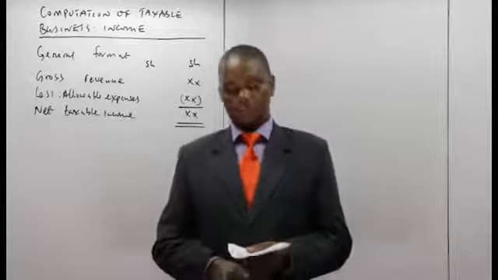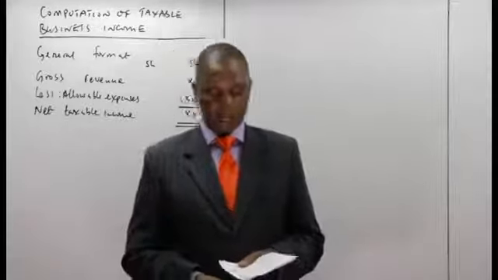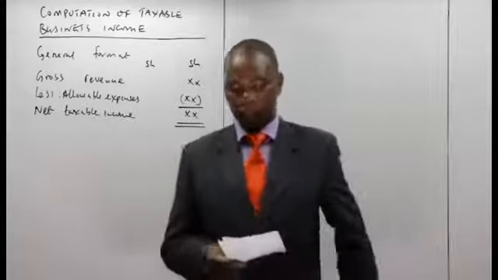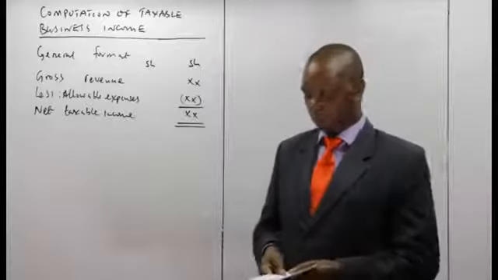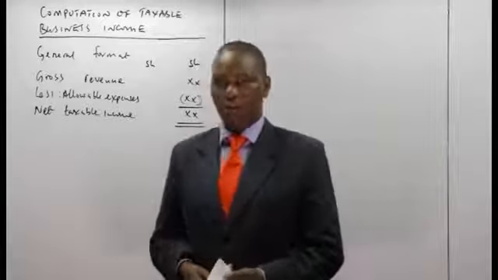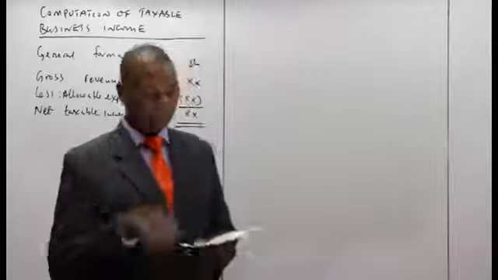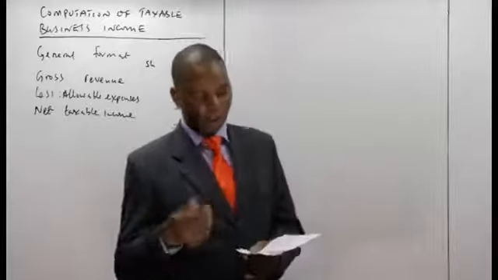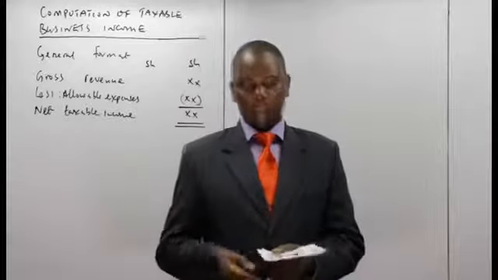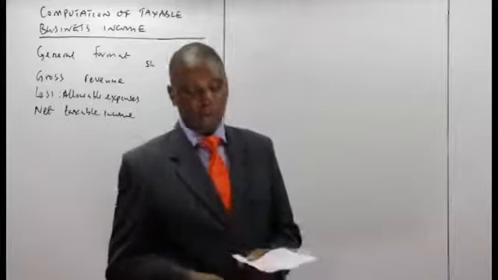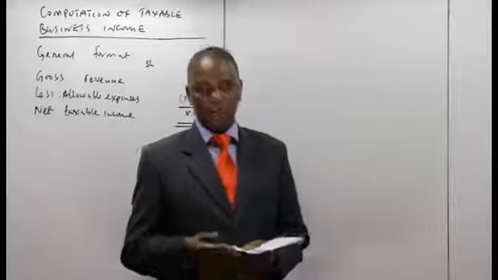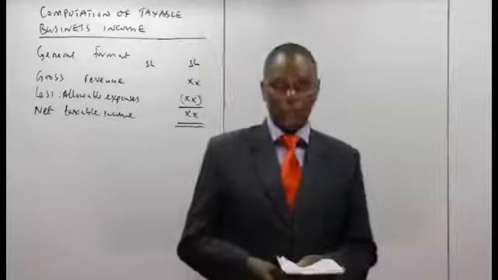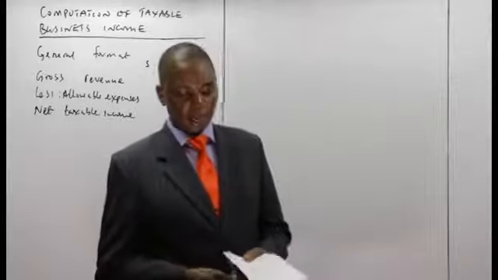Then on our list, number 12 is contributions to scientific research organizations or an educational institution approved by the Commissioner of Domestic Taxes. So these contributions for scientific research are also allowable. The objective here is to encourage the promotion of research and also to assist the educational institutions continue carrying out research.